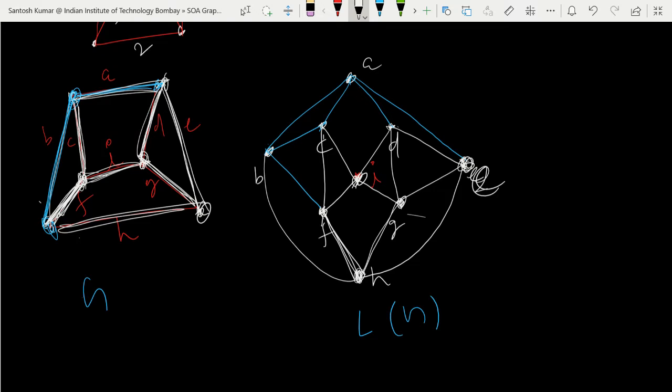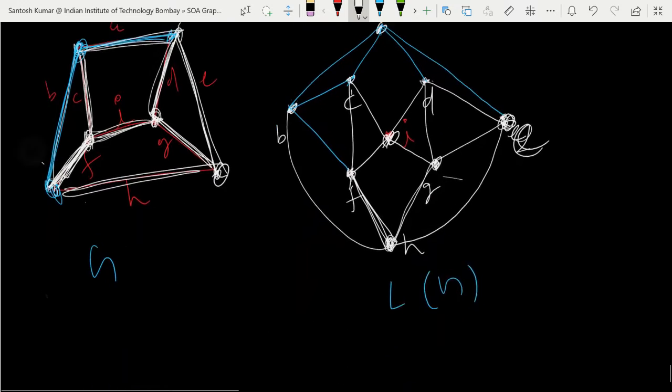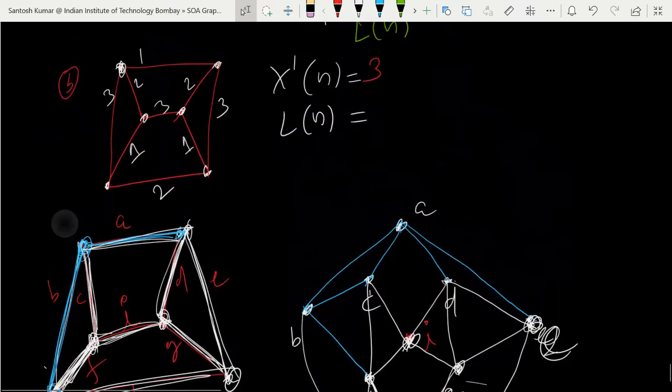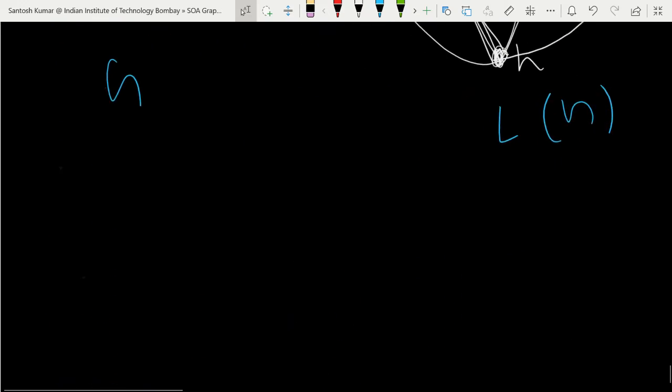Okay. So this was the first question, and it has two parts. In both parts, they asked you to find the chromatic number and the line graph.